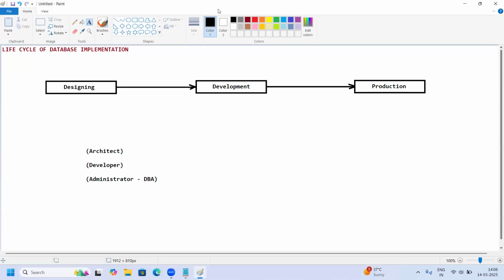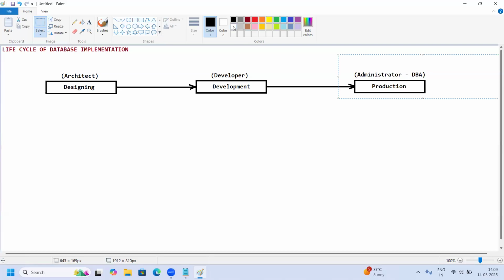So altogether, it goes with 3 phases: architect, developer, and the third phase is about the administrator, that is DBA.